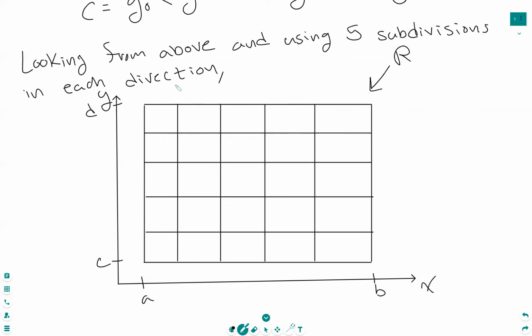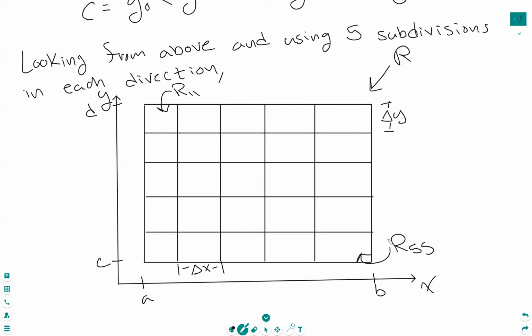But what we'll do is we'll call this R11 right in here, and this will be our R55. And if these are all the same dimensions, we can say that this is delta y, and here we have delta x.